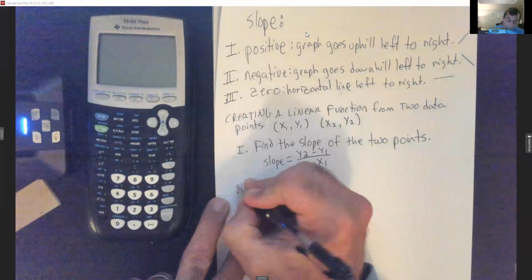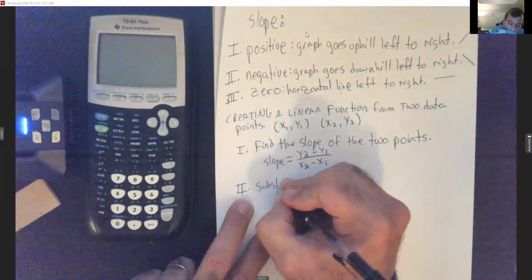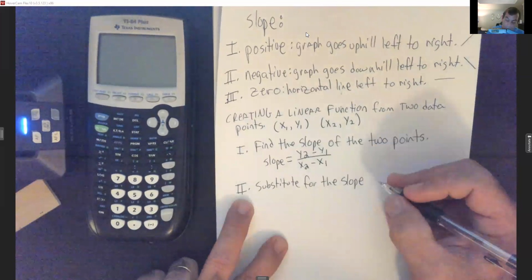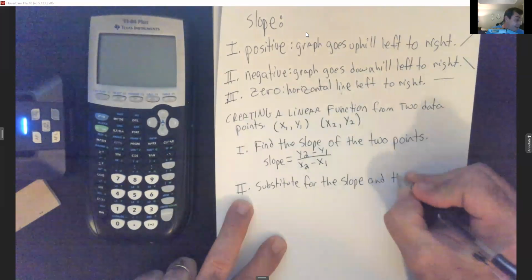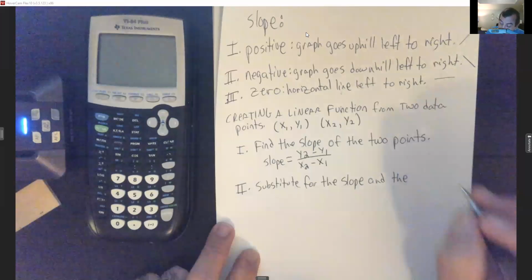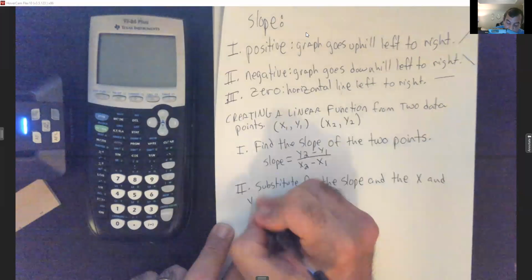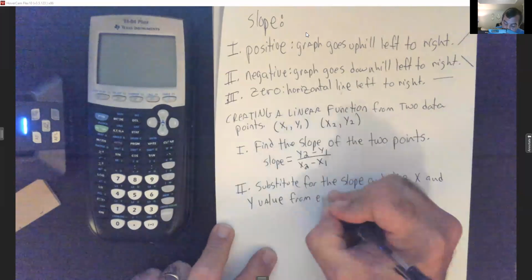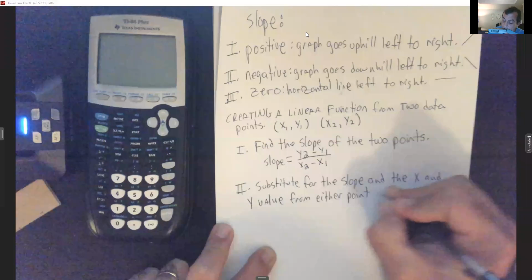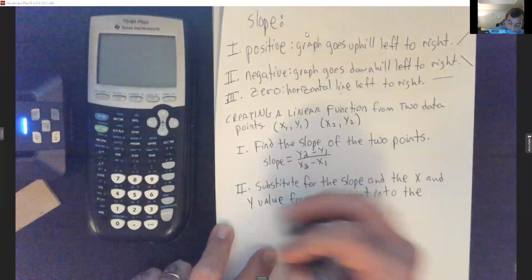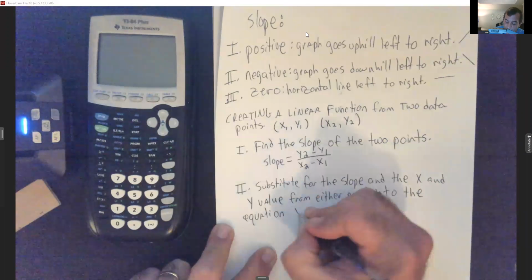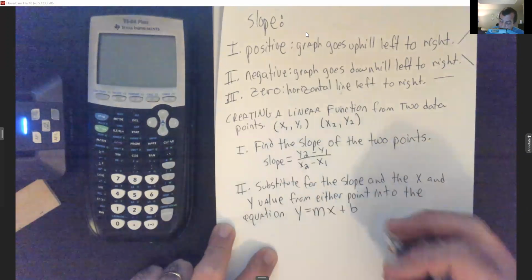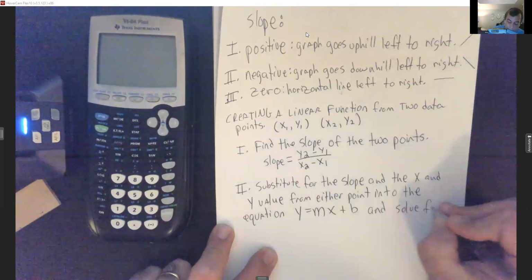So then we're going to substitute for the slope and the x and y value from either point into the equation y equals mx plus b, and we're going to solve for the b.